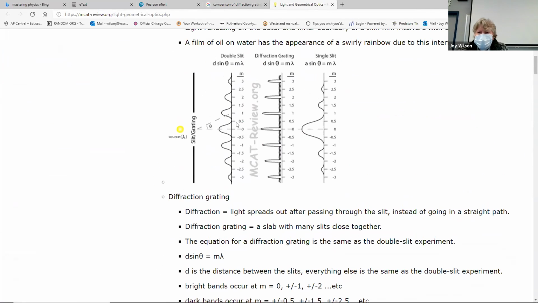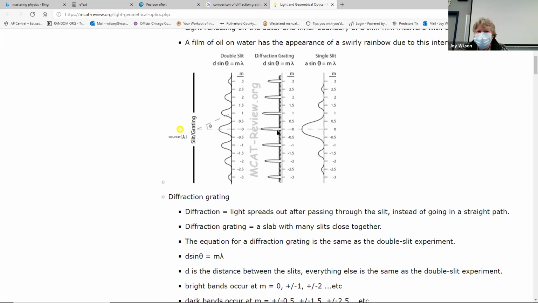Notice all the peaks are the same size, but when you get the single slit, it's a taller one than the double slit because you've had to spread the light out a little bit more. The double slit has more peaks within its main peak. So its overall height has decreased, but the peaks on the sides get a little bit bigger. So you have less in the middle and more on the sides. Single gives you almost all in the middle and few on the sides.